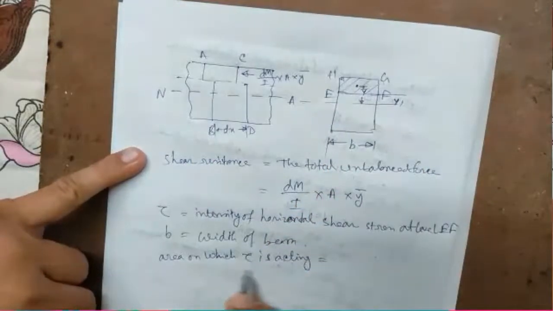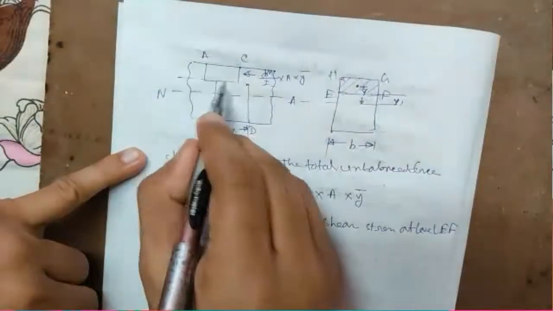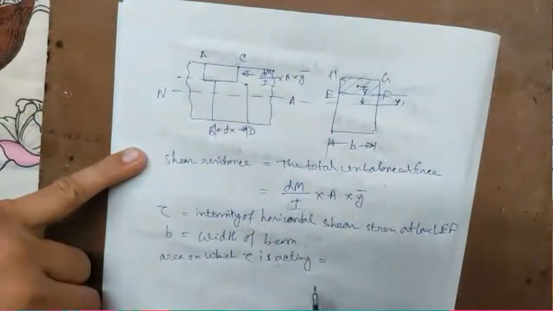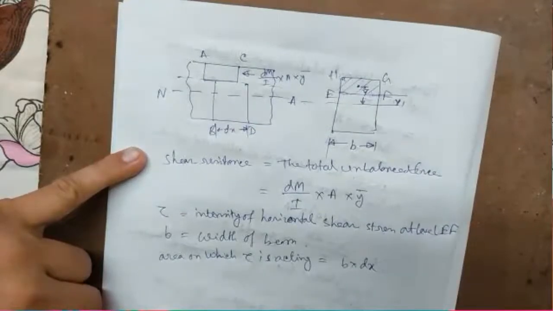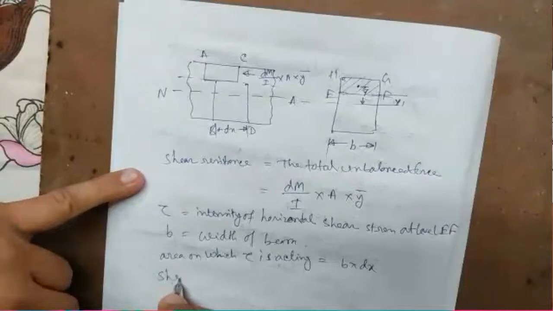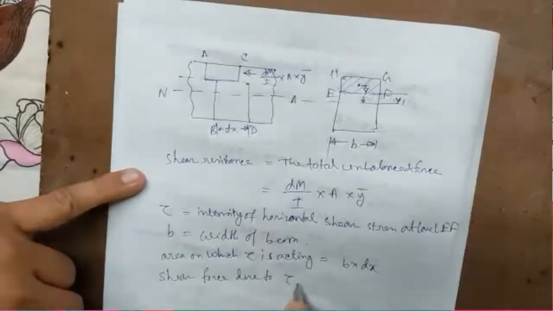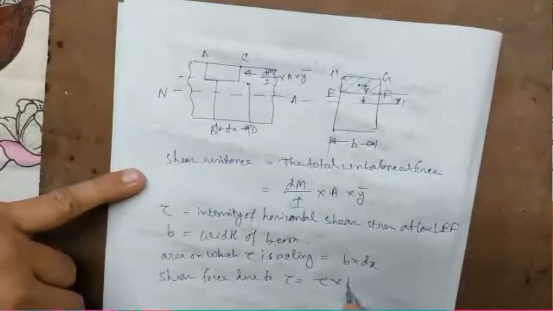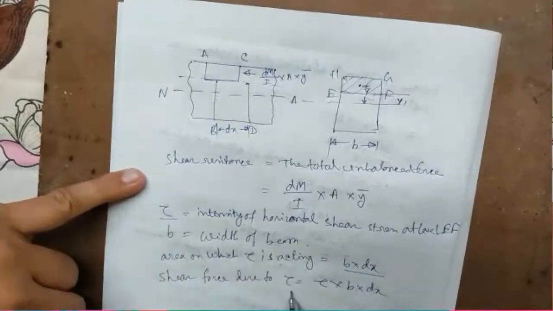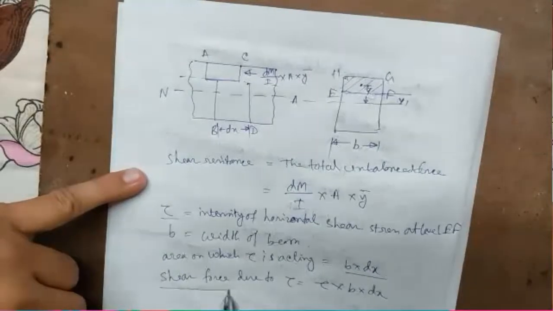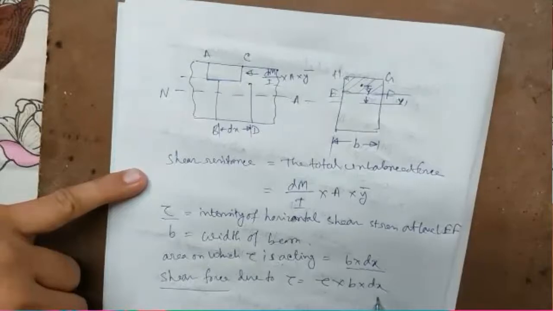So the area on which tau is acting is b into dx. So the shear force due to tau will be equal to tau into b into dx. This is the area, this is the shear stress.